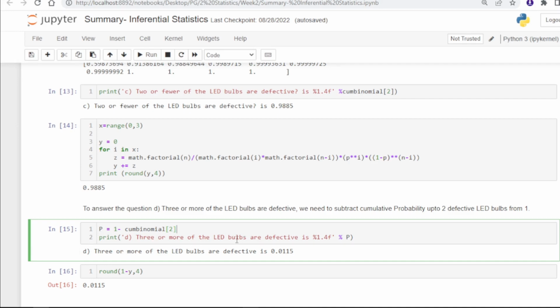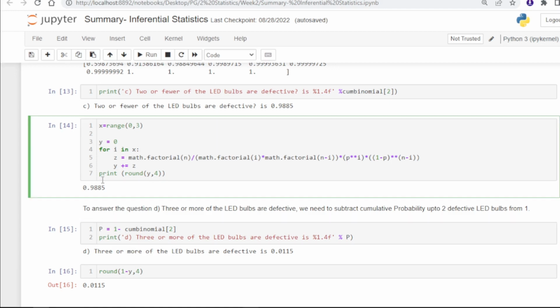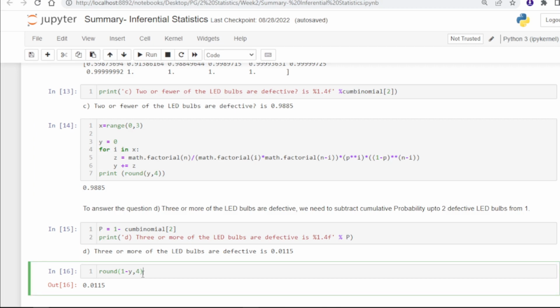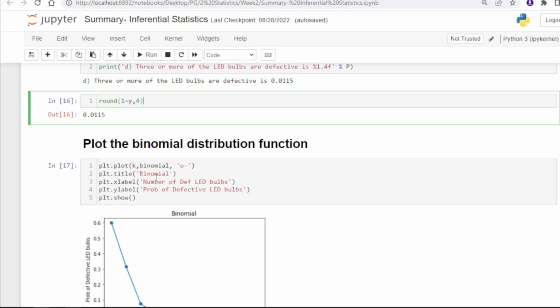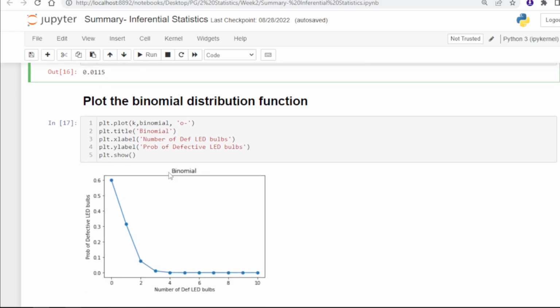So 3 or more of the LED bulbs are defective, that is the P. Okay, so here you can see that, and we normally get it from here as well, because we have also printed that at most 2, right? So at the second, what we'll get is, we will subtract it and round it.